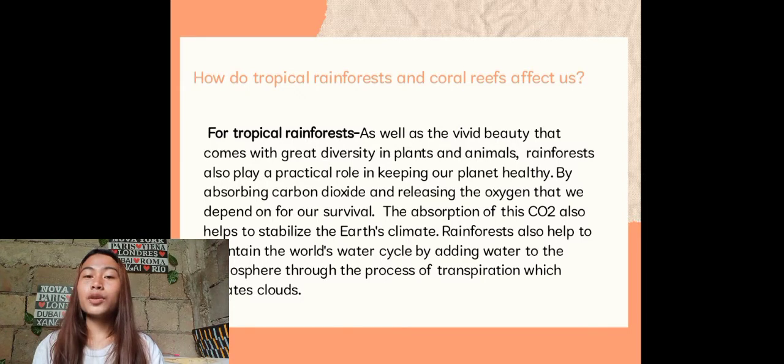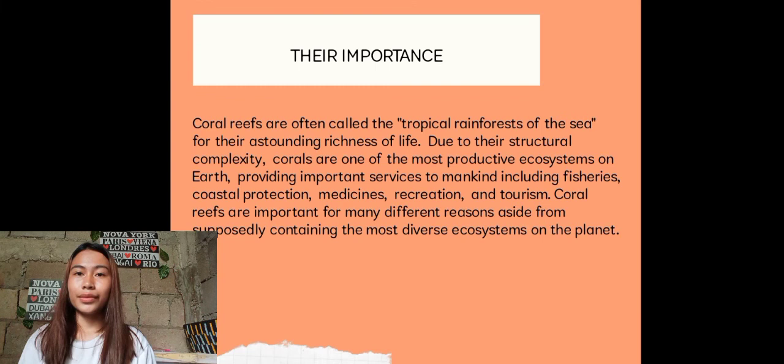The absorption of this carbon dioxide also helps to stabilize the Earth's climate. Rainforests also help to maintain the world's water cycle by adding water to the atmosphere through the process of transpiration, which creates clouds. So let's proceed to their importance.